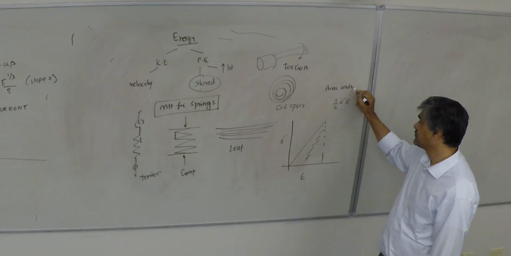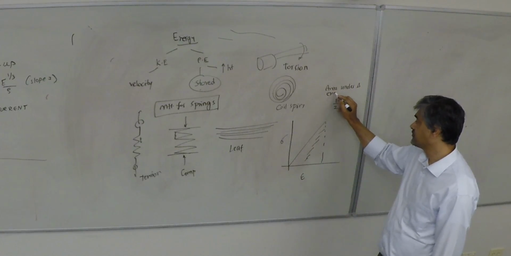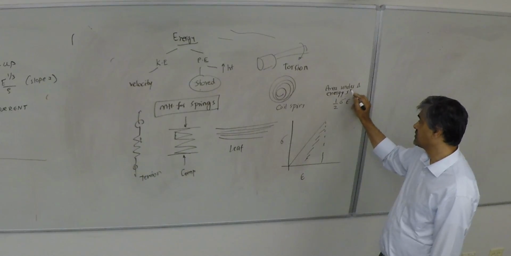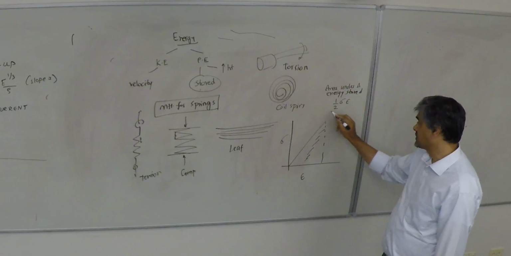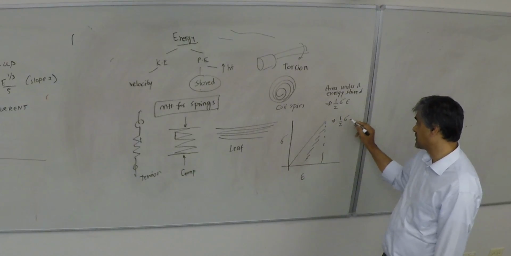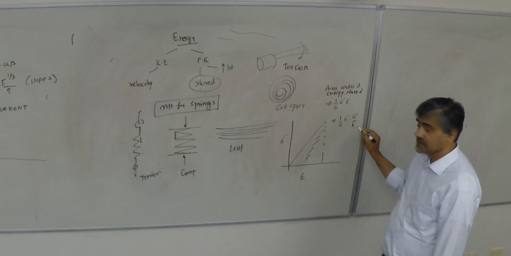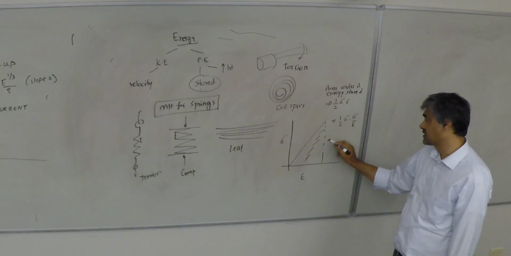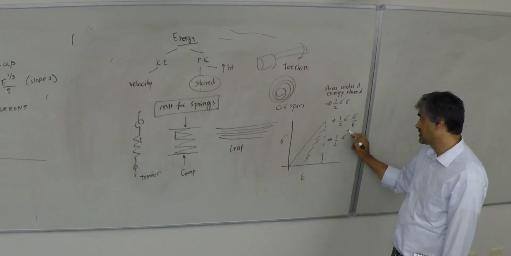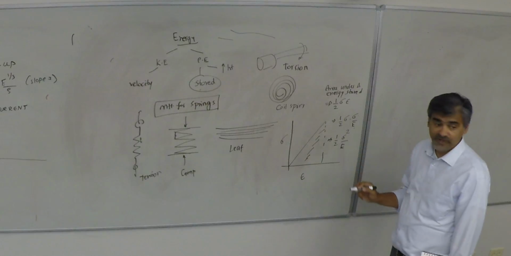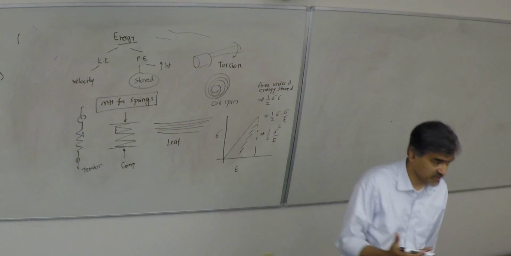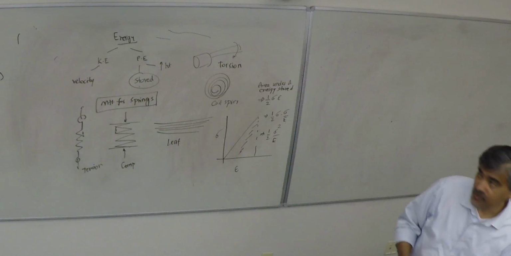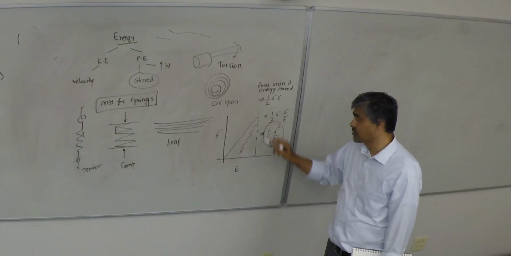Is the energy stored. So then this is equal to 1/2 times sigma. Epsilon is nothing but sigma over E, correct? So you can say that energy stored therefore is 1/2 sigma squared over E. So this is the parameter again that you are trying to work with, the energy stored in the spring.